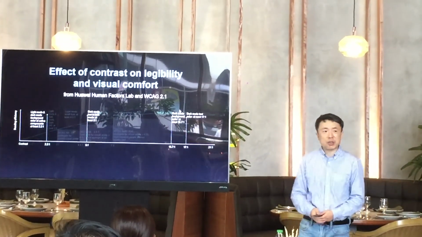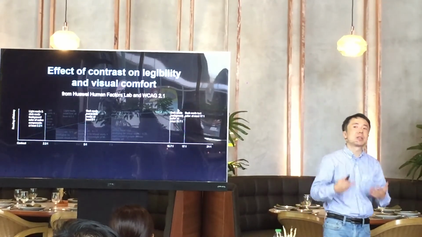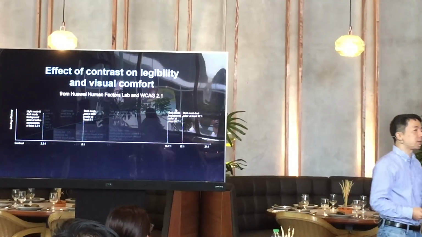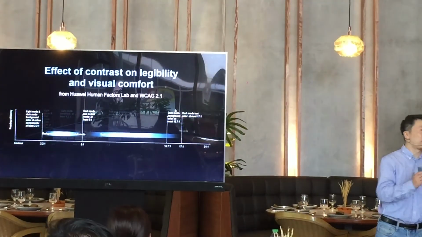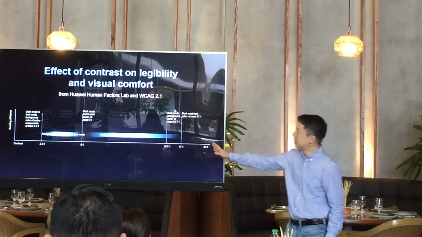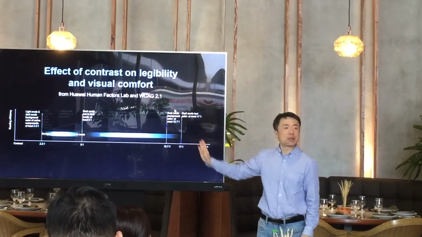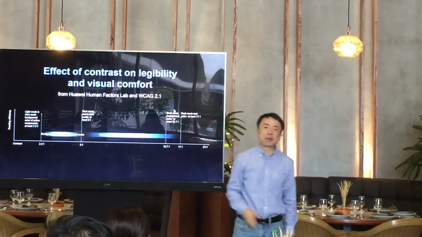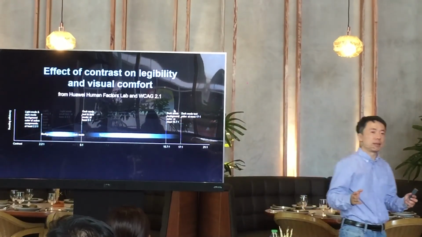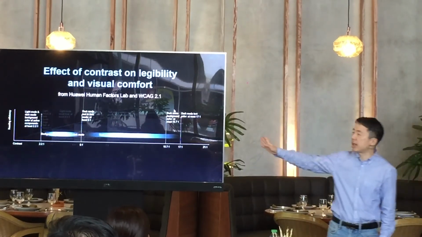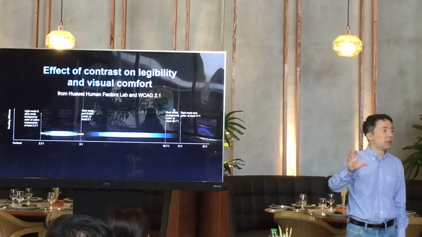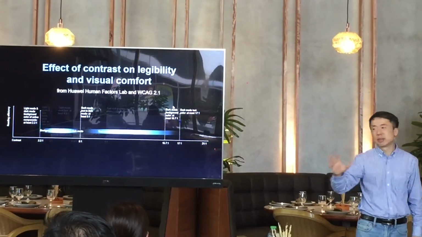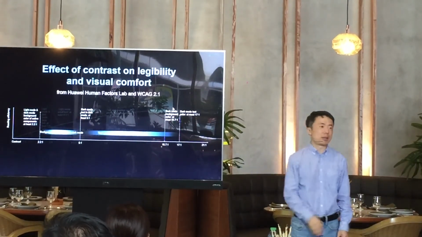But when we actually invited these customers to do the experiment, we found the most comfortable area is here, no more than 15 to 1. From this lab testing data, we found that in this area the contrast ratio is the most comfortable one, not the 21 to 1.